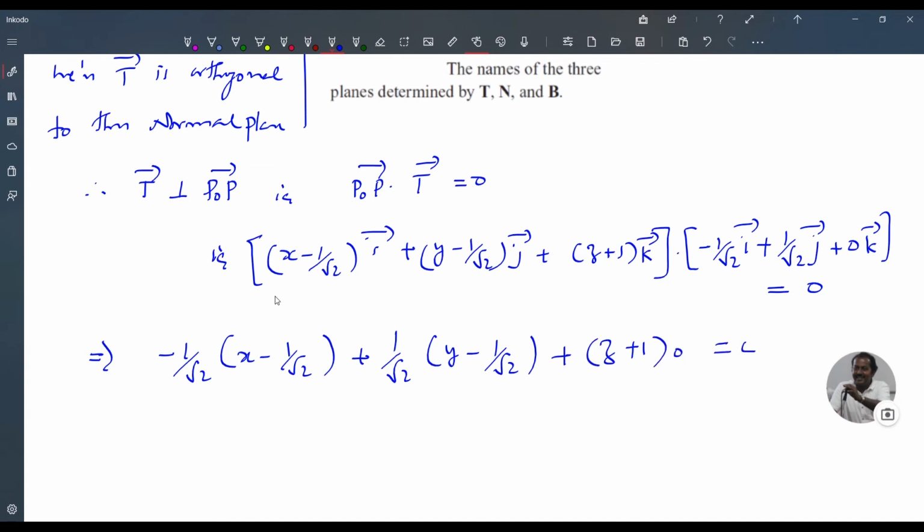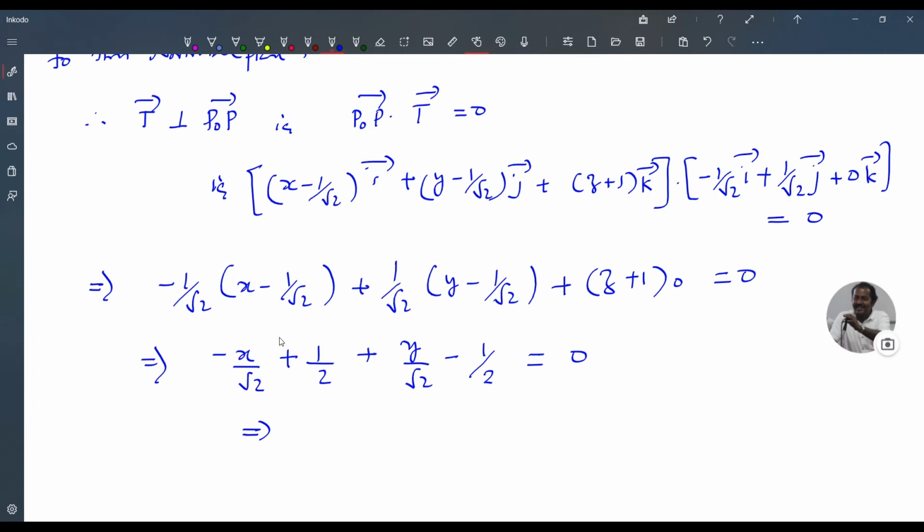So this implies minus x by root 2 plus 1 by 2 plus y by root 2 minus 1 by 2 equal to 0. So this implies minus x by root 2 plus y by root 2 equal to 0.